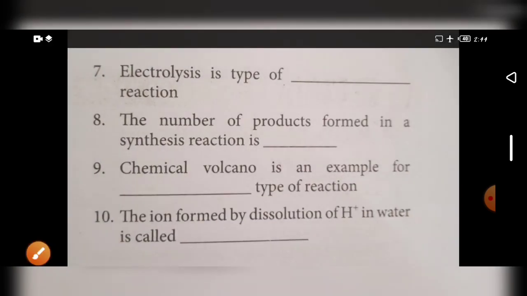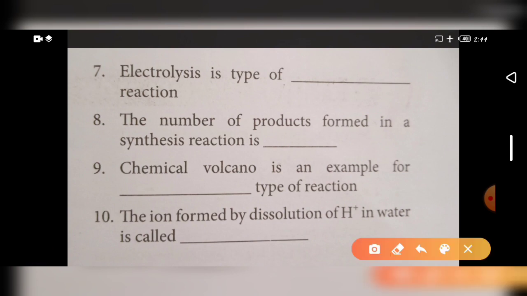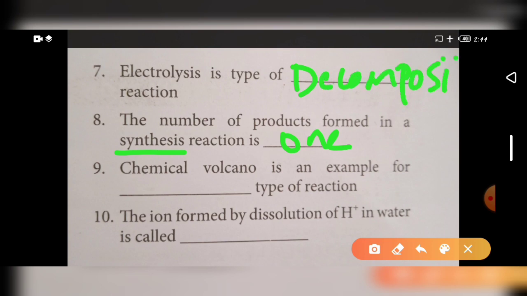Electrolysis is a type of dash reaction, that is known as a decomposition reaction. The number of products formed in the synthesis reaction: I already told what is meant by synthesis. In synthesis only one product is formed, so the number of products formed in the synthesis reaction is 1. Okay, next, chemical volcano is a decomposition reaction.